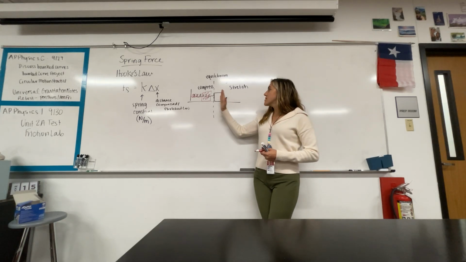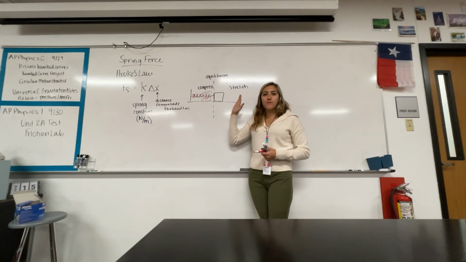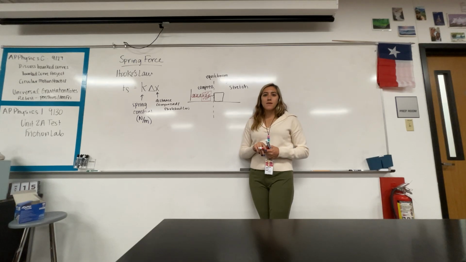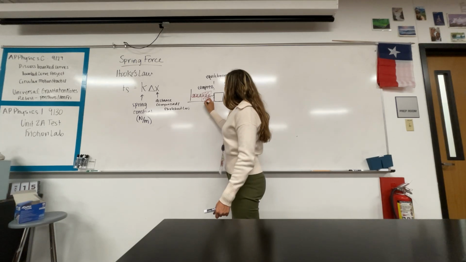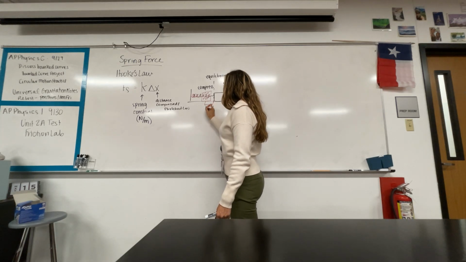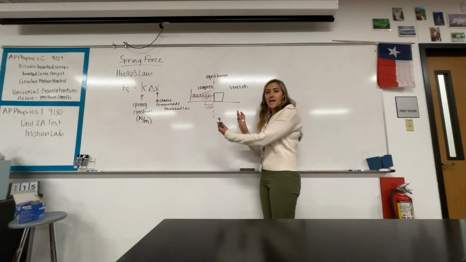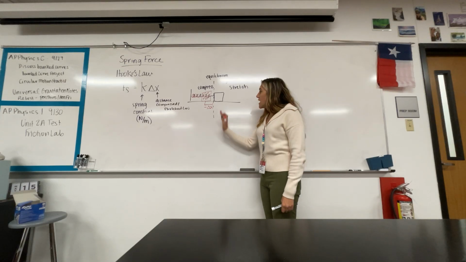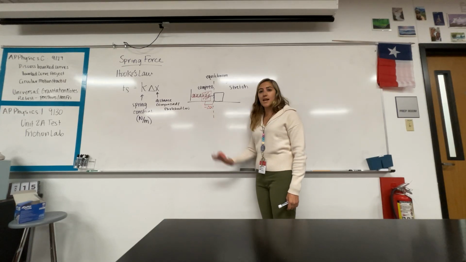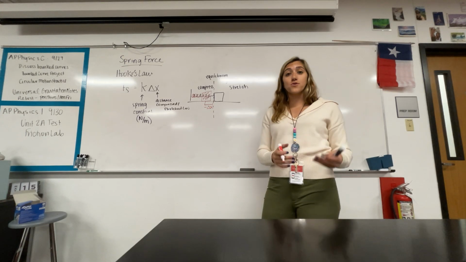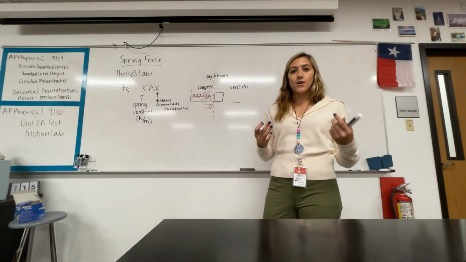I've pushed the block to the left. I've compressed the spring. Its delta x right now from its equilibrium length would be a negative delta x because I've compressed it. It's negative delta x. I've compressed it a distance negative, right? Its displacement from its original starting point is in the negative direction.